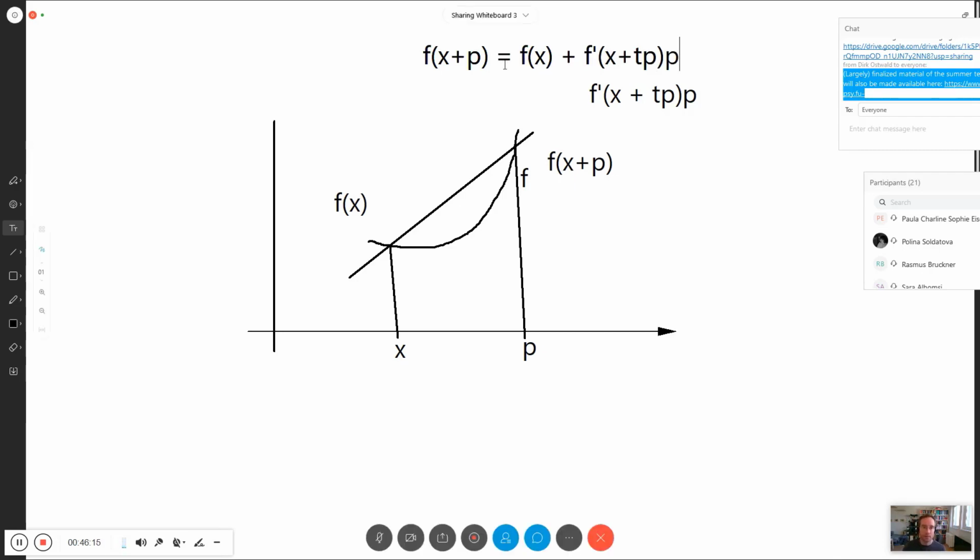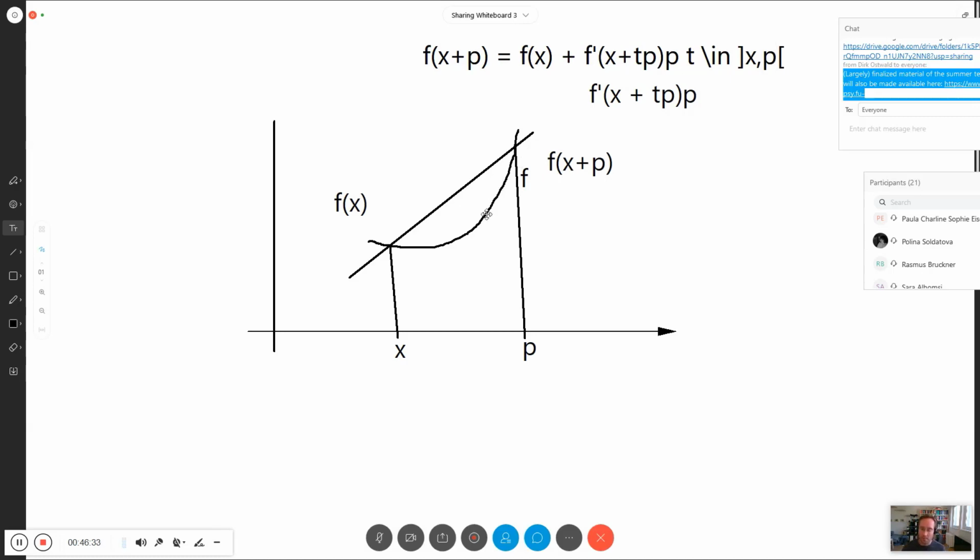And what this means, and this t is the important thing, this t is an element in the interval between x and p.